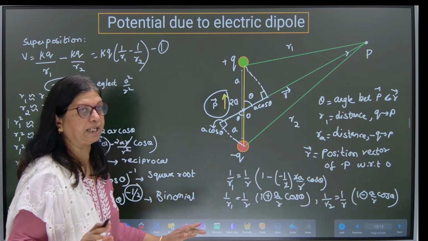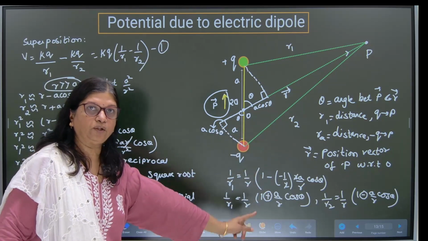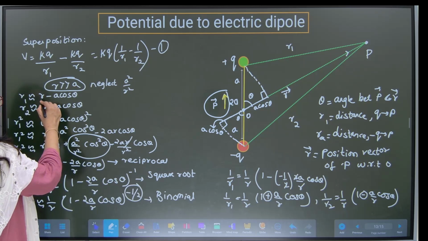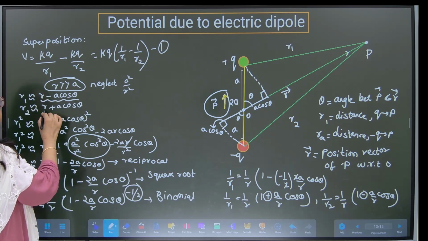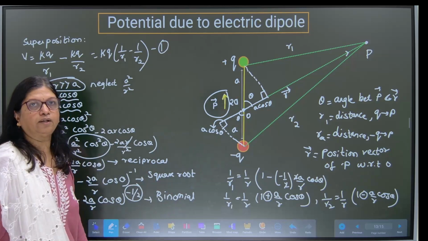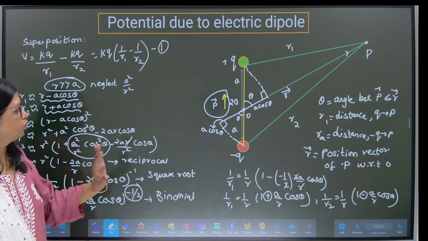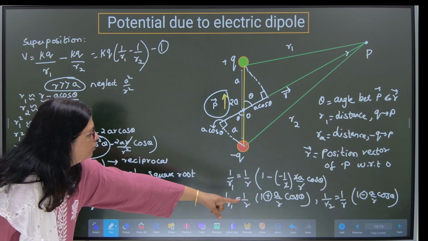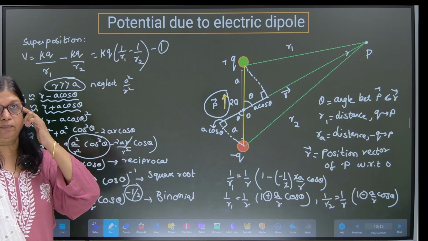Everything else will be the same in 1 upon R2 compared to 1 upon R1. The symbol changes from here itself. That's why R1 has center plus and R2 has center minus. So I have got the values of 1 upon R1 and 1 upon R2 which I can substitute.